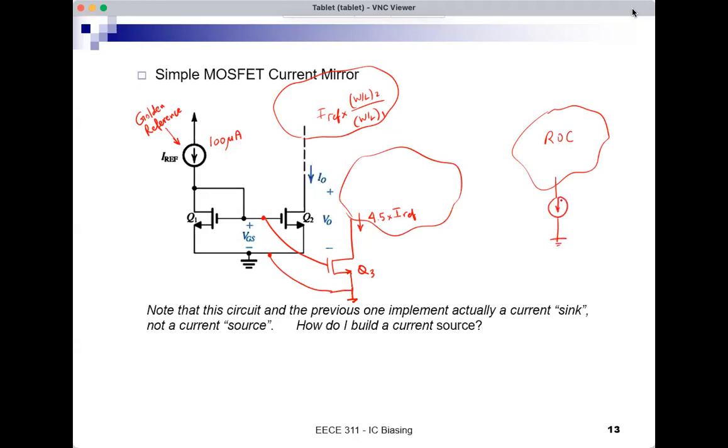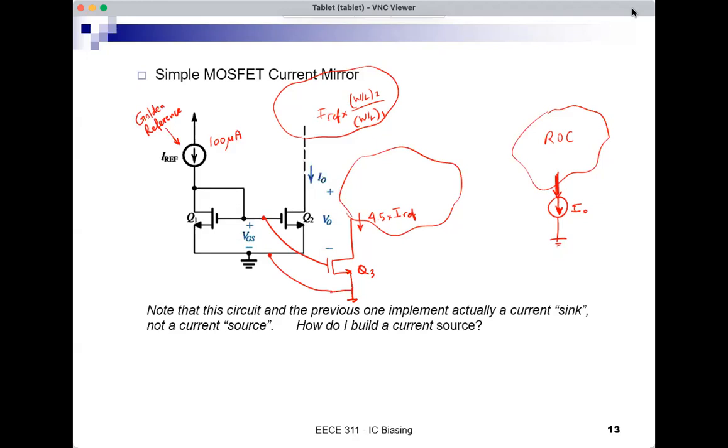We call this the symbol of an element called current source. But as far as the rest of the circuit is concerned, this is a current sink because we're taking current out of the rest of the circuit. So we're sinking current towards ground.